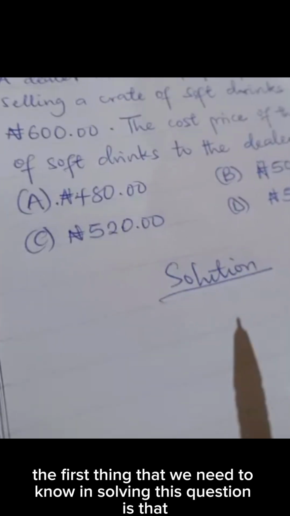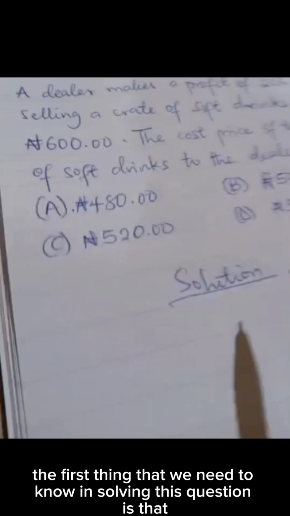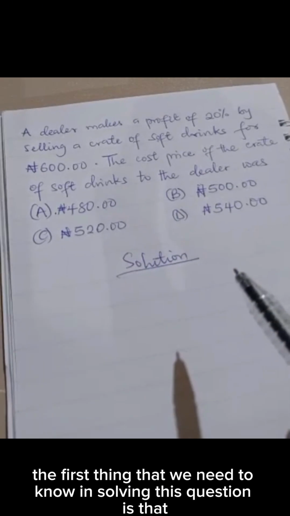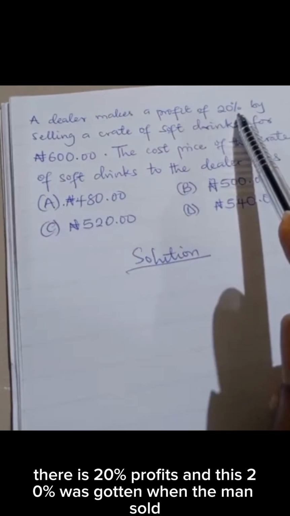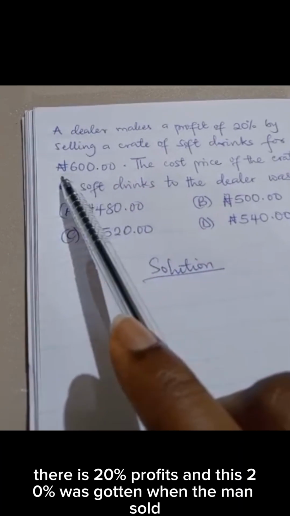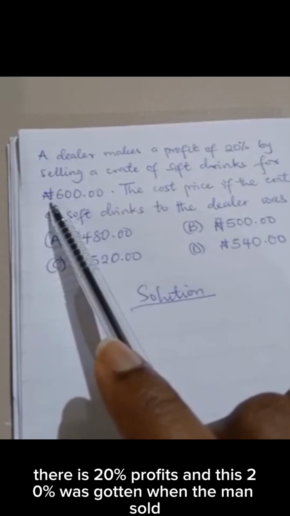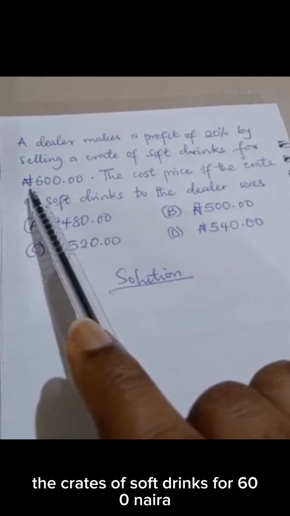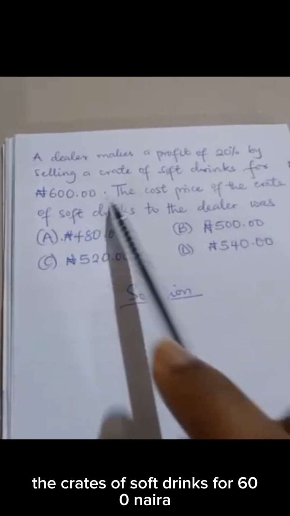Now, the first thing that we need to know in solving this question is that there is a 20% profit, and this 20% was gotten when the man sold the crates of soft drinks for 600 naira.